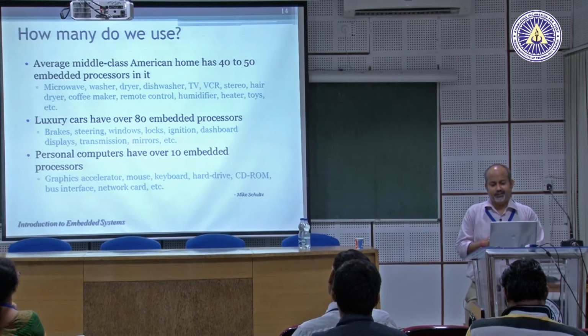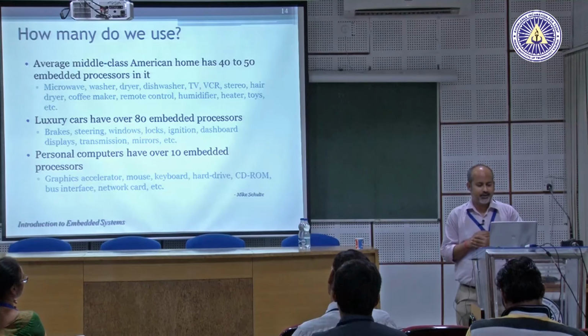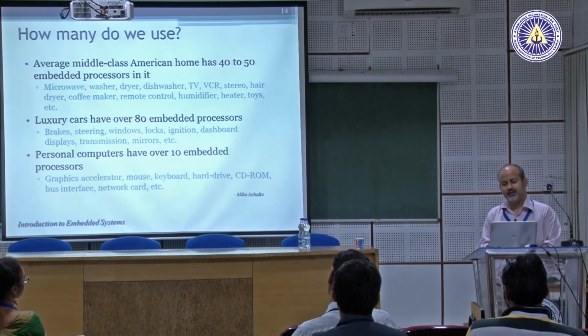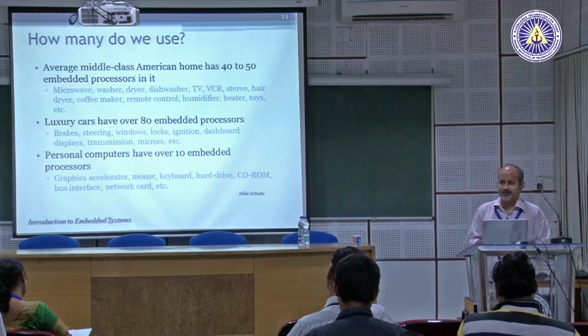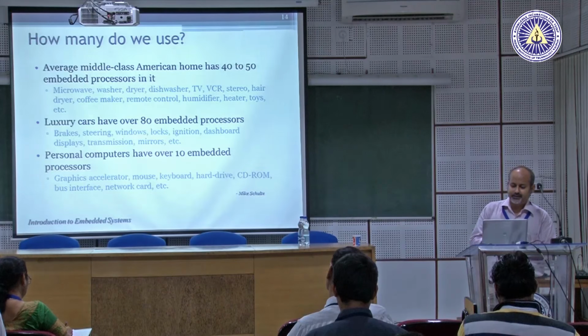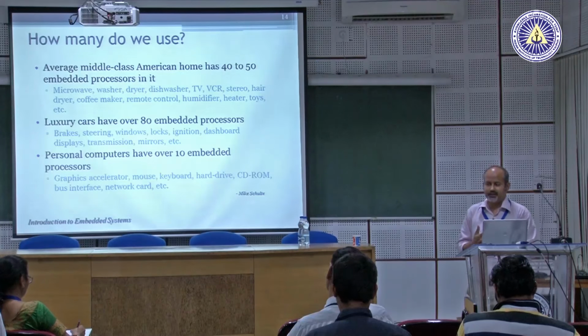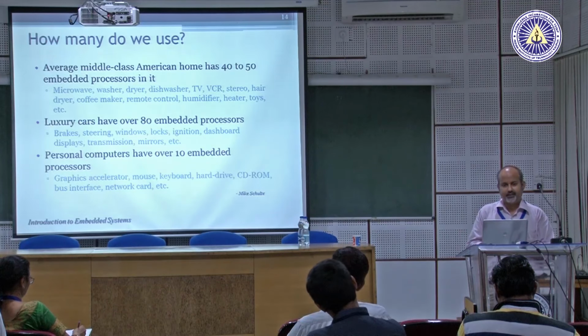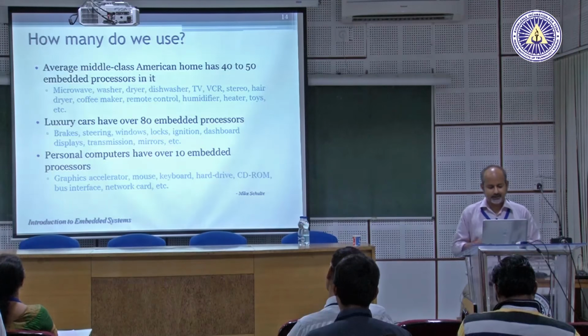Nowadays, even middle class or upper middle class Indians have similar numbers. As I said, modern cars have about 80 or more embedded processors, and they control everything from anti-lock brakes to steering, windows rolling down, locks and ignition, various kinds of displays, music players and so on.